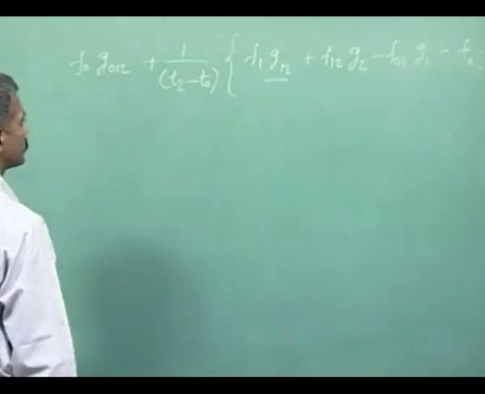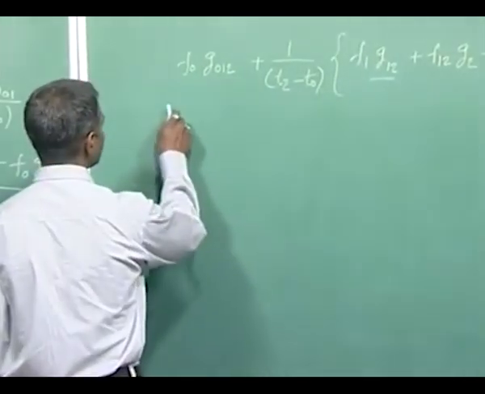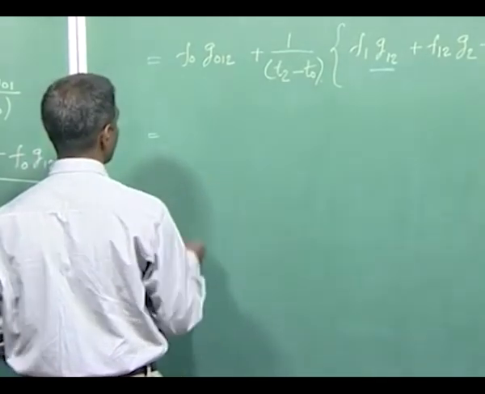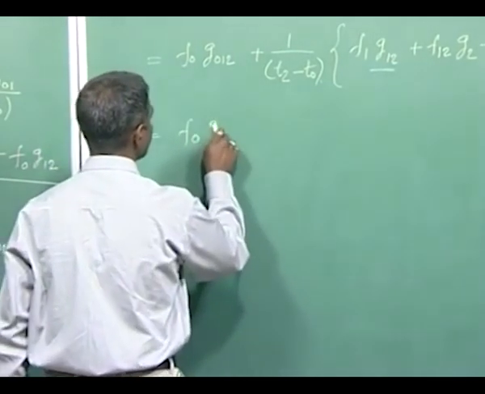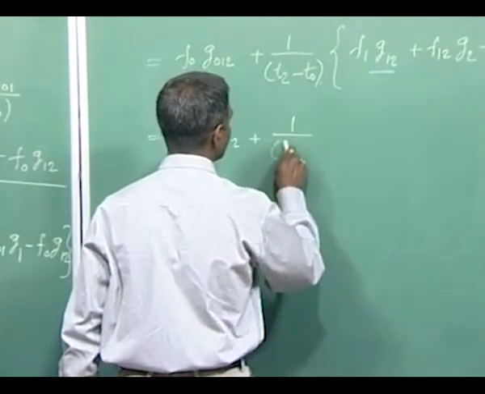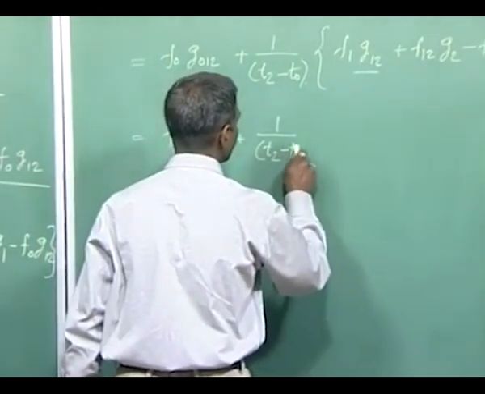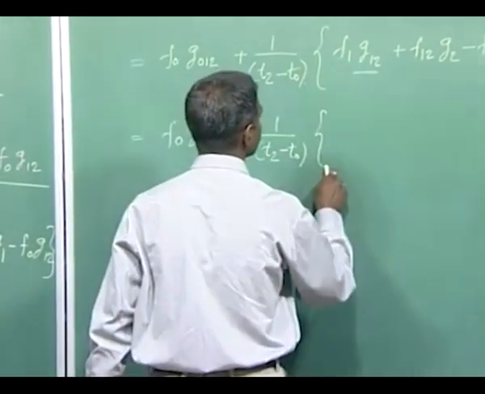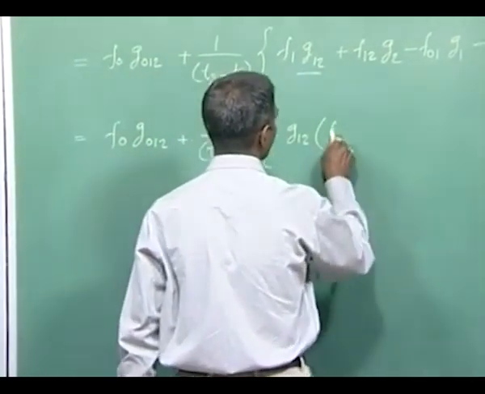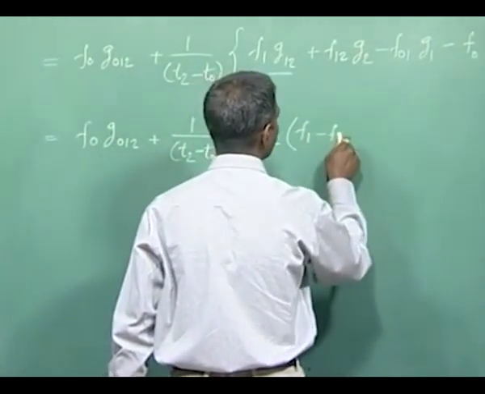Maybe I can take this common and write this as F0 G012 plus 1 over T2 minus T0 times G12 times F1 minus F0.